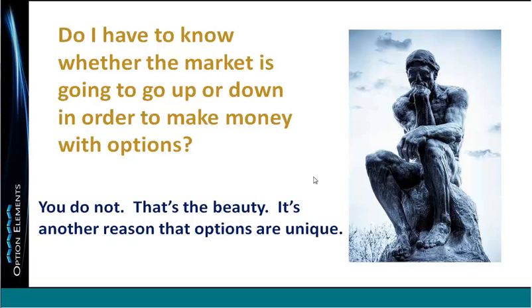That's what this little class is all about: we can put a price band around the price of an asset, a stock, or an index, and as long as the market stays within that range for a certain period of time, we can make money on options. So we don't have to pick direction. We can if we want to, but we don't have to. So that's the beauty, and that's another reason that options are unique.